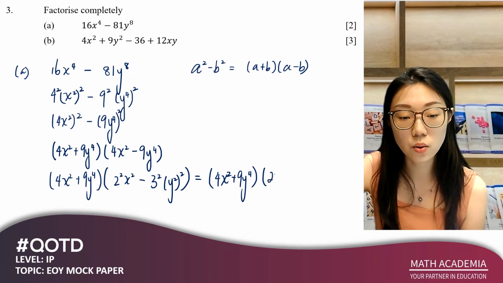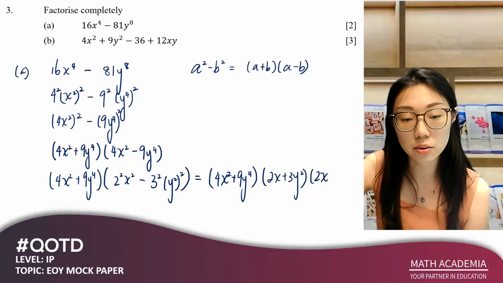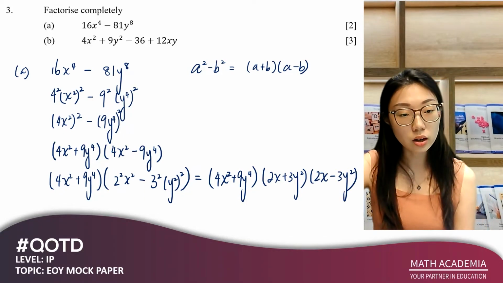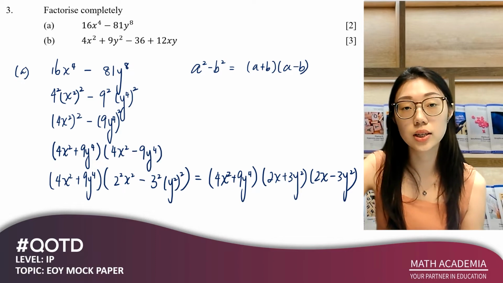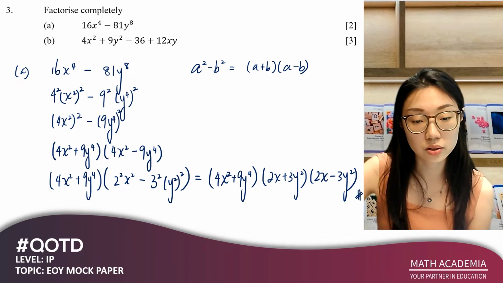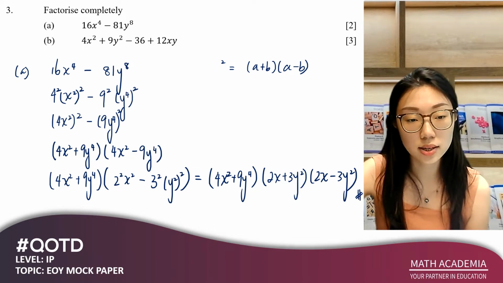So I have 2x plus 3y squared multiplied by 2x minus 3y squared. Okay, so when I look at this, I realize that I cannot further factorize. So this would be my complete factorized form. Alright, and that would be my answer for part A.